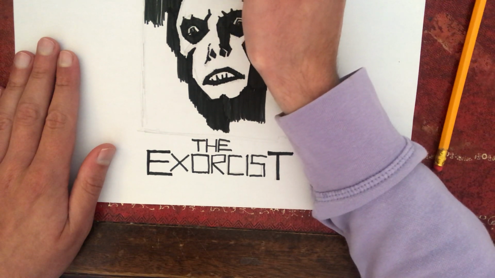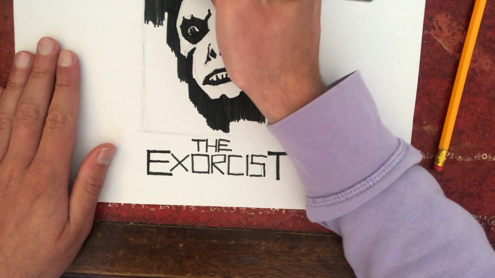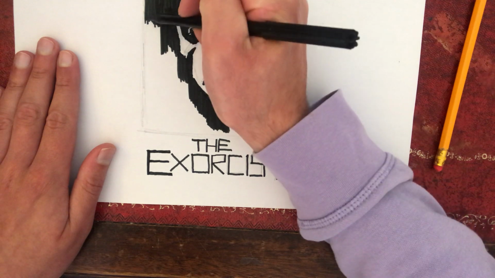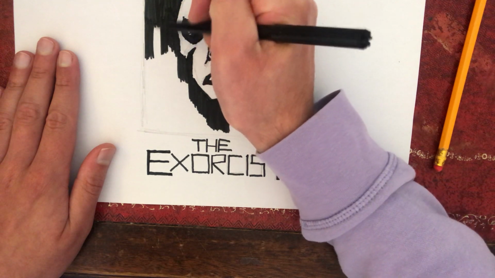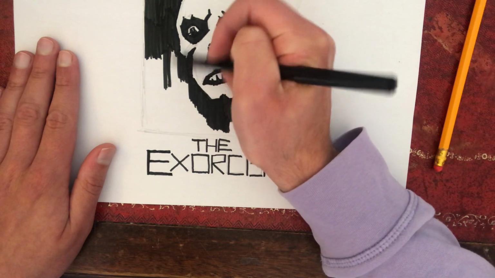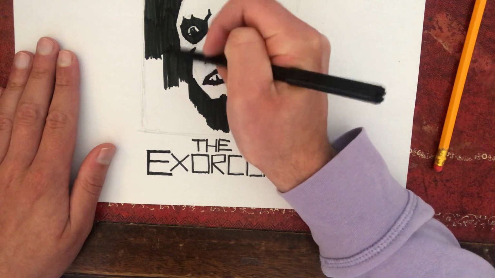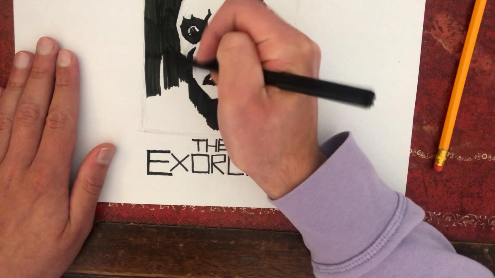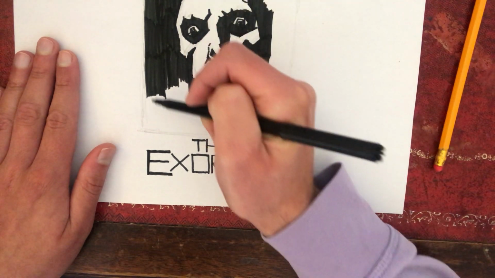And what would be great with this, because obviously it's handmade, which Saul Bass would have done, is we can just scan it in, really bump up the contrast so you don't see any of those lines, and then it would be a really, really effective digital print. And that's as simple as that.